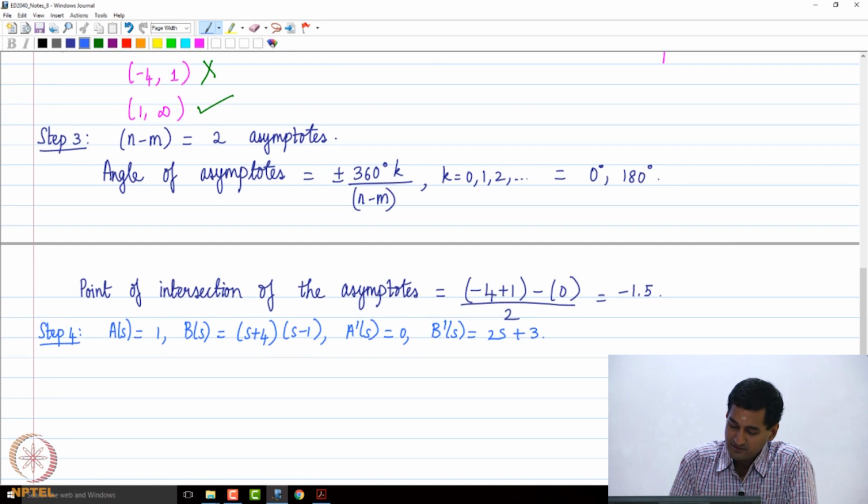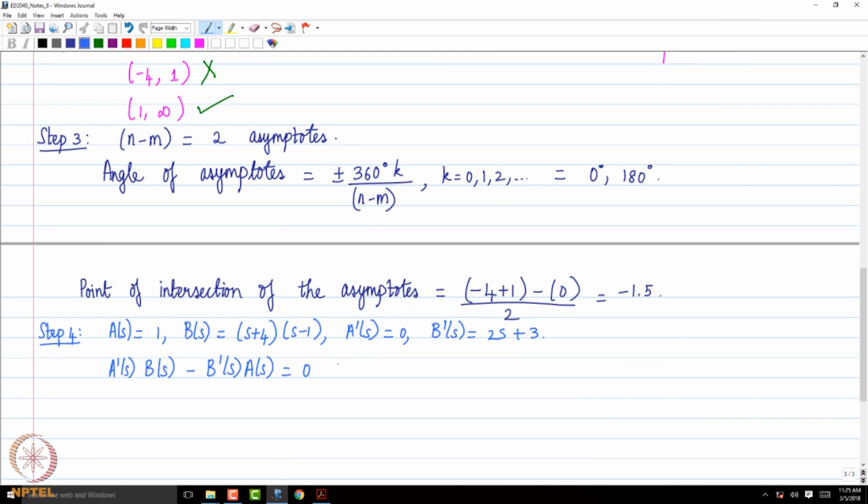So if we process the equation A prime(s) B(s) minus B prime(s) A(s), where prime indicates a derivative with respect to s, please remember that, we get the final simplified equation as this. Once again we get s_B, with a subscript B to indicate that this is a potential breakaway or break-in point. So once again we get the same solution as before, what we did in negative feedback.